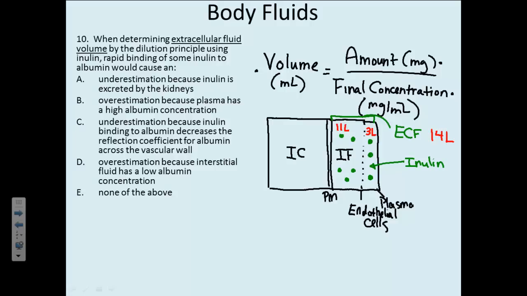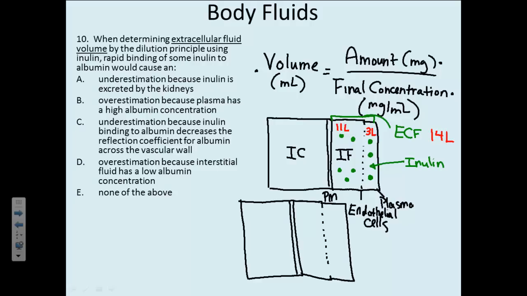But we also know in this problem there's something abnormal going on with the inulin, where it's not going to serve as a very good indicator of the extracellular fluid volume. So let's draw up right below this the situation that we would be seeing whenever some of our inulin is binding to albumin. So once again, we have the same body fluid compartments.